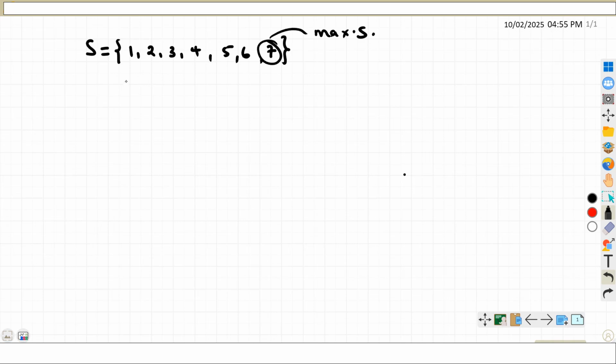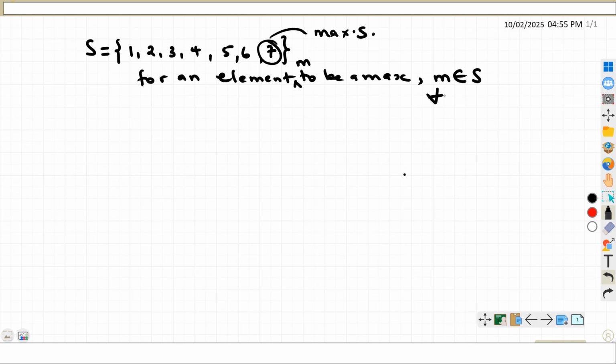So what does it imply? It implies that for an element to be a maximum, first, it should be an element of the set. For example, for an element M to be a maximum, this M must be an element of the set S, and for all the elements X picked from S, these elements must be less than or equal to M, meaning that M must be the largest.